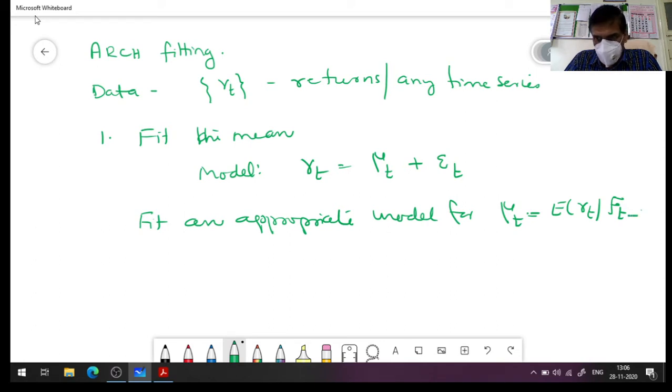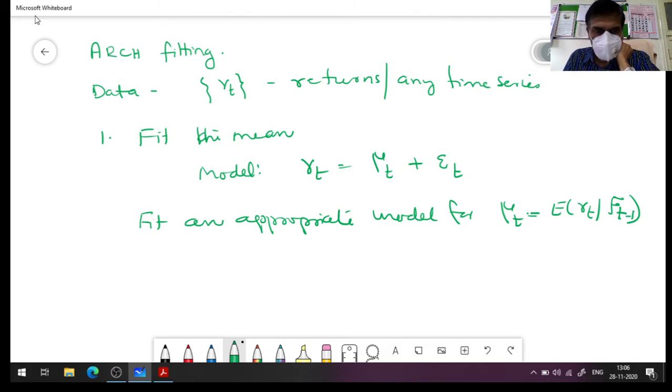And that is for the prediction. If you are considering this, that is a conditional mean. Sorry, I think it is t minus 1.